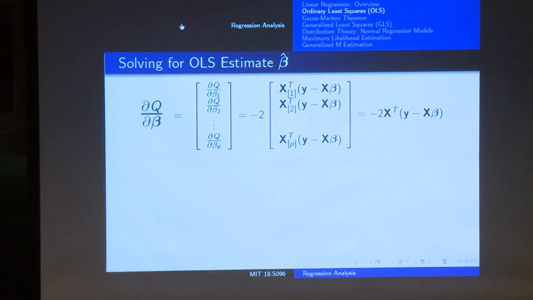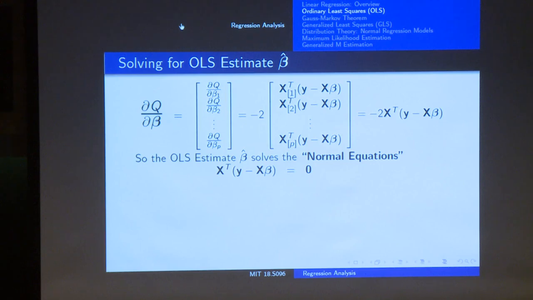And this has to equal 0. If we simplify, taking out the 2, we get this set of equations that must be satisfied by the ordinary least squares estimate beta. That's called the normal equations in books on regression modeling.